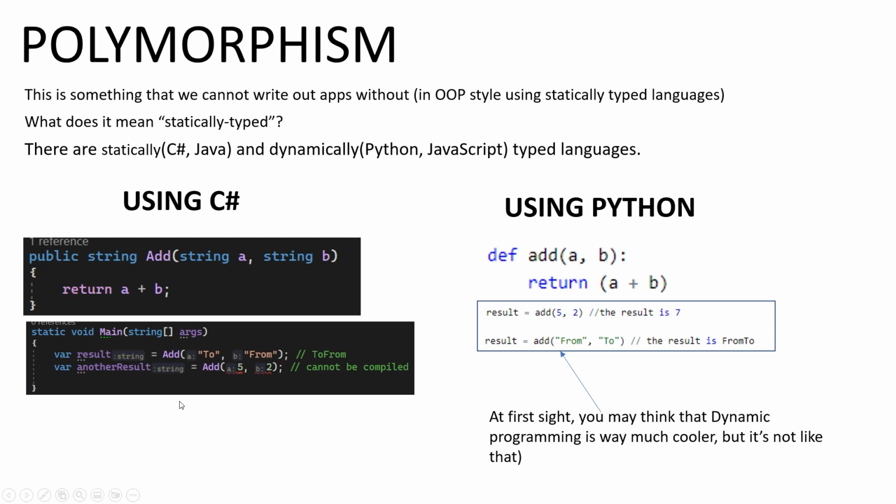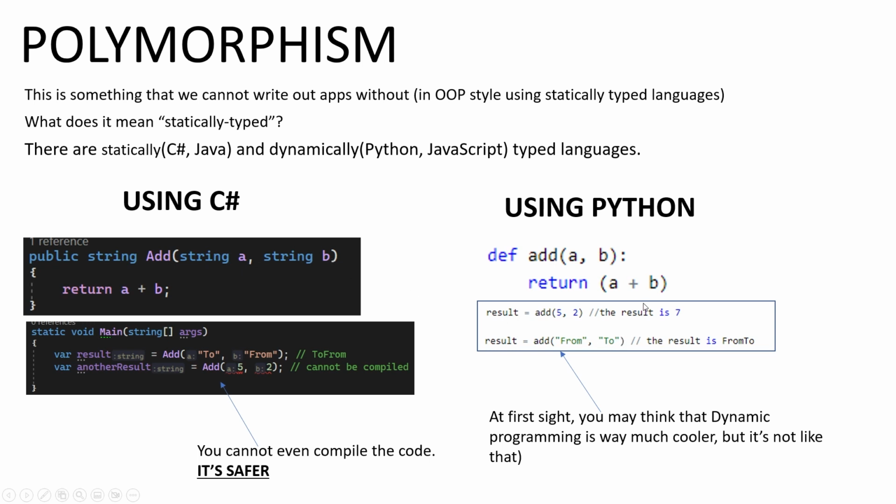The simple answer why it's not like that is that here the compiler doesn't even let us do this thing, and that is safer because we have that contract that this method should accept a string A and a string B, and we can only pass what we told it to accept.